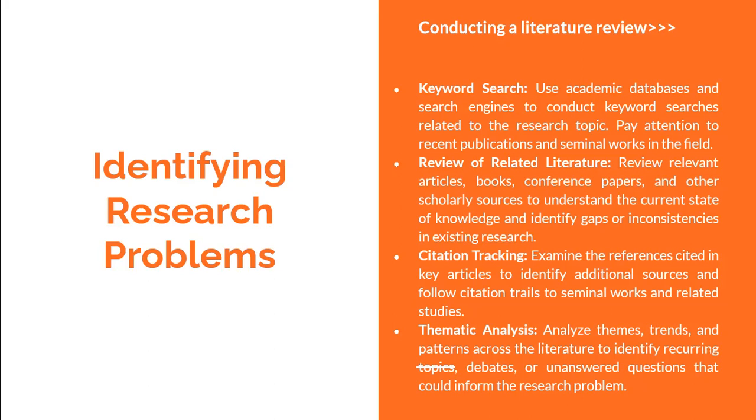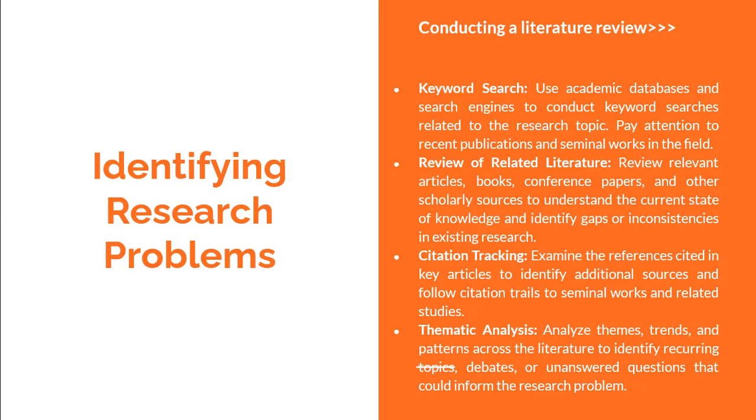Review of related research. Review relevant articles, books, conference papers, and other scholarly sources to understand the current state of knowledge and identify gaps or inconsistencies in existing research. Citation tracking is the most important thing.